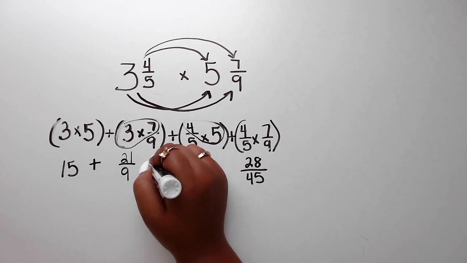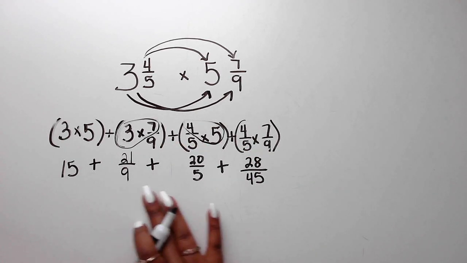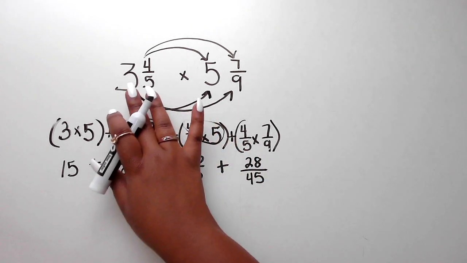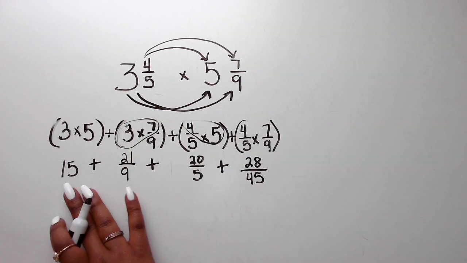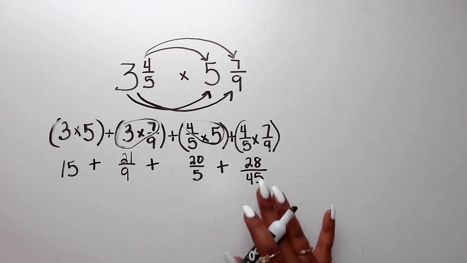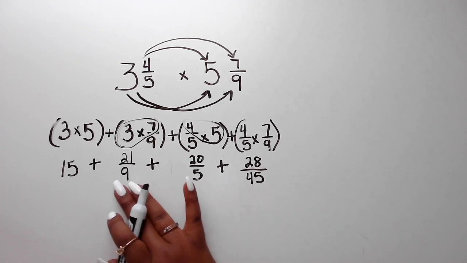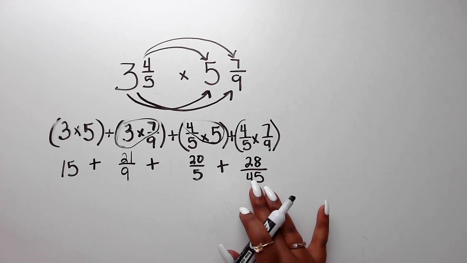So now we can add these together, but wait, our denominators are different. A prerequisite for multiplying two mixed numbers using this strategy is that students should already know how to add fractions with different denominators. So let's continue. We need to find a common denominator for these three denominators. So 9, 5, and 45, what do they have in common?